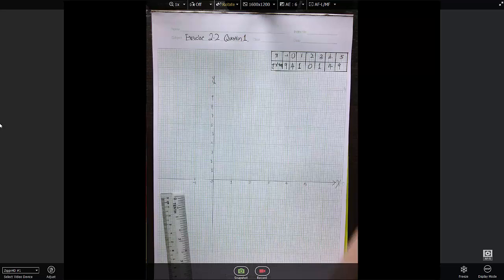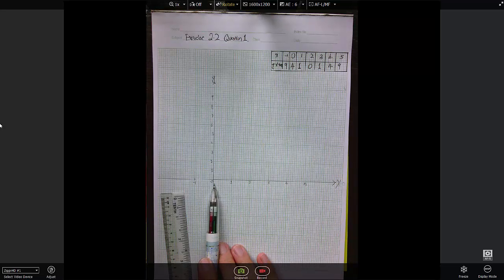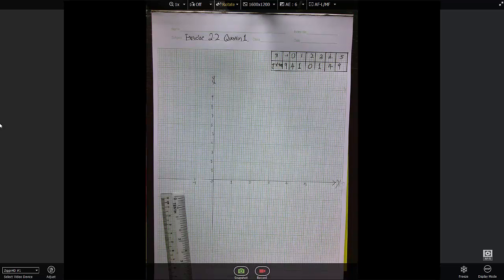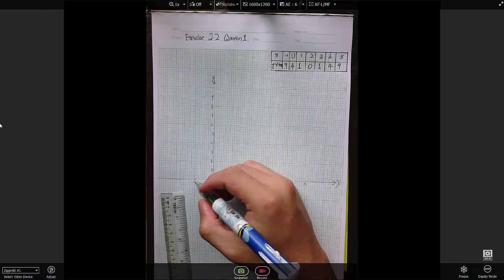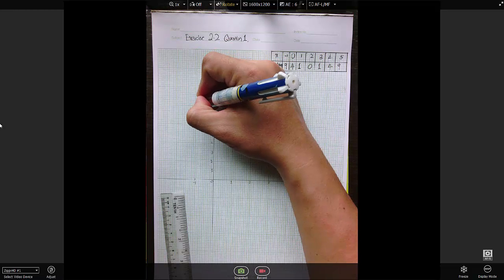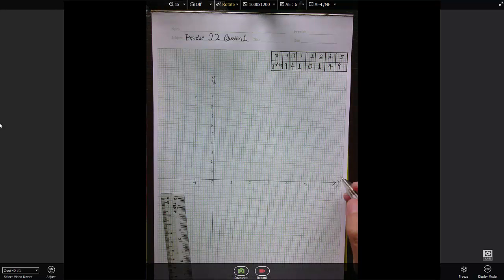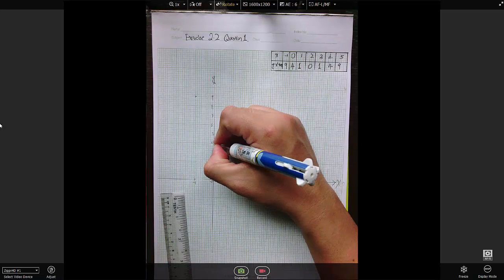So I've done my axis. It's 2 cm to 1 unit on the x-axis and 1 cm to 1 unit on the y-axis. So I'm done with the scale that I need ready. Next thing, we just have to plot negative 1 and 9. So negative 1 and 9 is down here. Then 0 and 4 is down here.